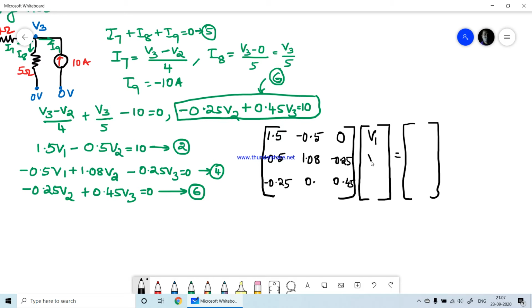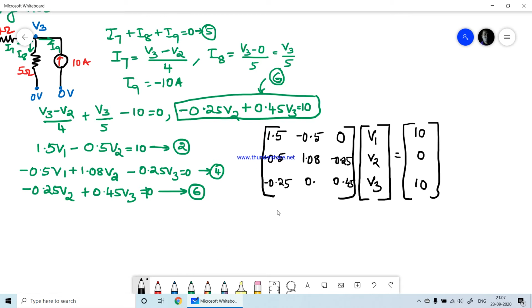Then we have V1, V2, V3, and this is equal to the RHS terms: 10, 0, and sorry, this is 10 actually, because in equation 6 we have 10 there. So therefore it is 10.